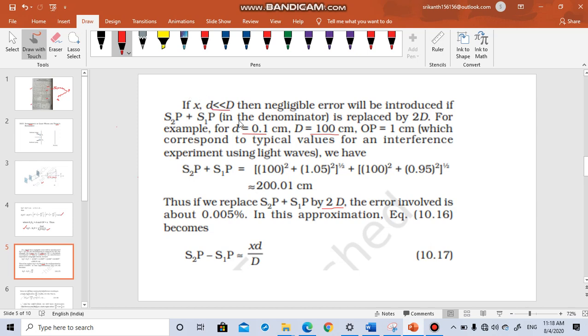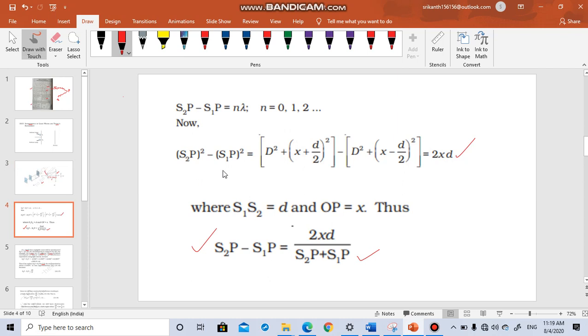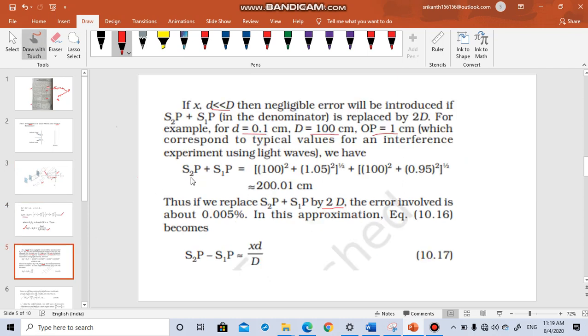Now let us say OP is equal to 1 centimeter: this distance x is 1 centimeter, D is 100 centimeter and small d is 0.1 centimeter. Then if you substitute in this equation, we will find out S2P plus S1P.